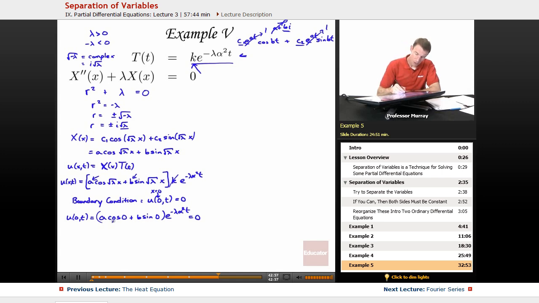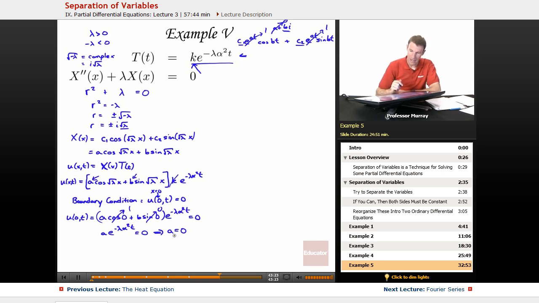So cosine of 0 is just 1. Sine of 0 is even better, it's 0. And so what we get is A times e to the negative lambda alpha squared t is equal to 0. On the strength of that, we can say that A must be equal to 0. And so we won't be needing to use that A term.